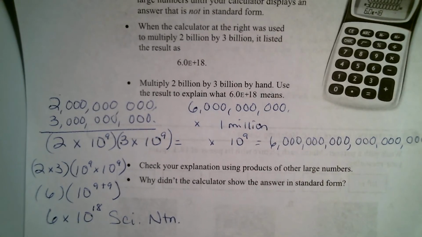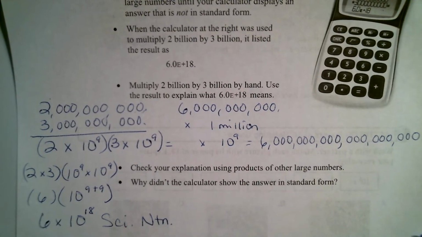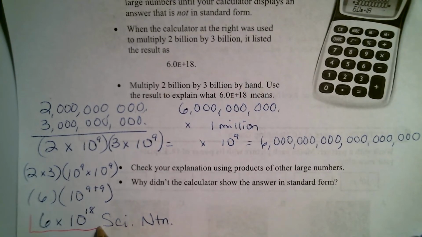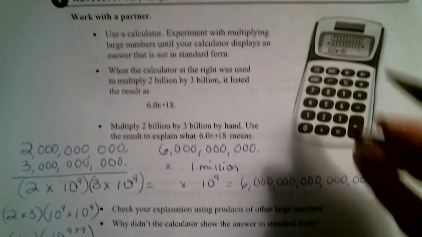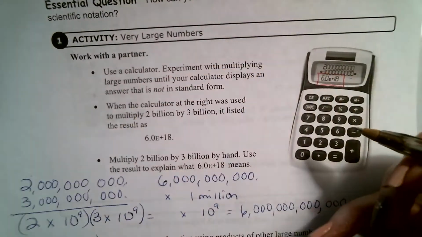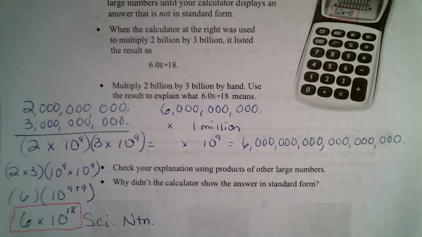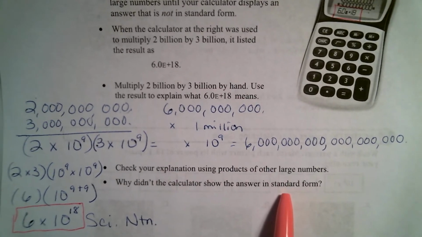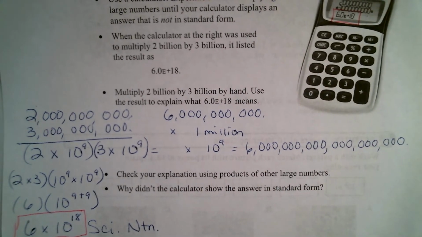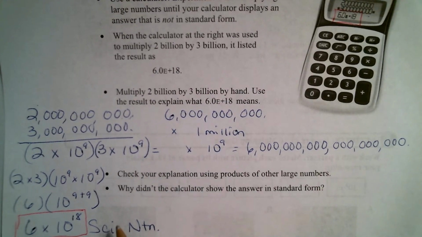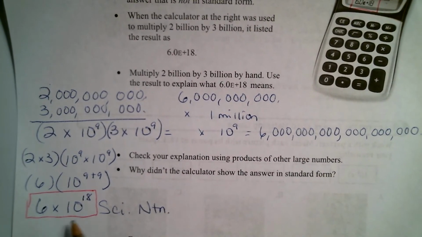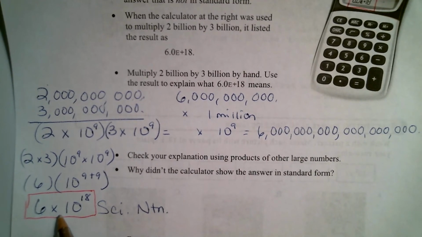Okay. Well, what is the connection then between this and what we're seeing right here? So why isn't the calculator showing us this? Well, pretty obvious, it's too big. But calculators aren't going to write things in scientific notation like this. It doesn't just automatically put in x's like this unless we're doing a graphing calculator and we're in a graphing function.